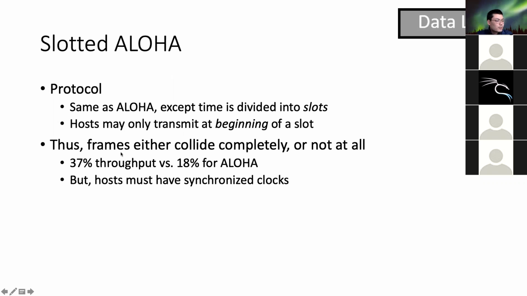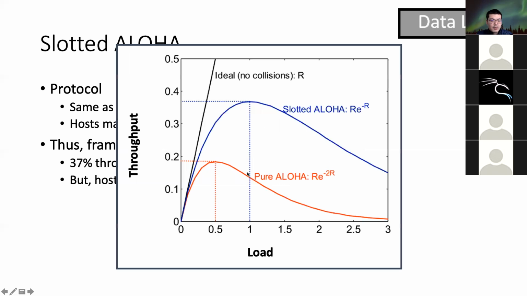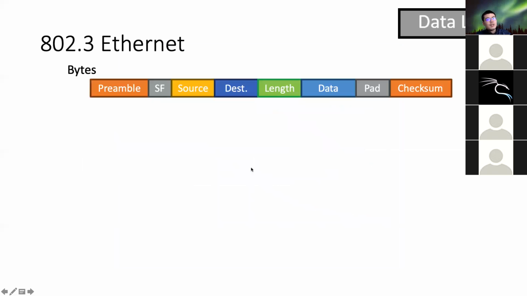But because your frame can only conflict with another frame in that slot, your throughput is double. Why is it double? Like we had a proof before, if you remember. This will double the peak.